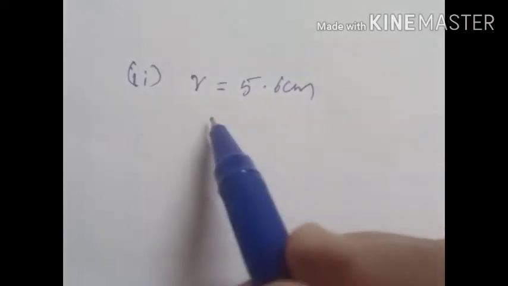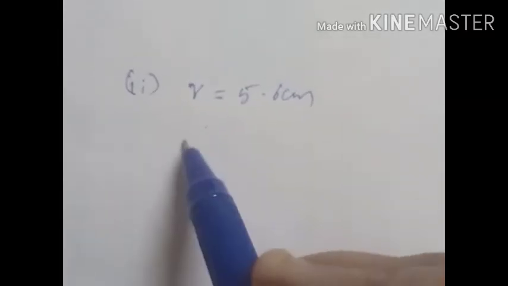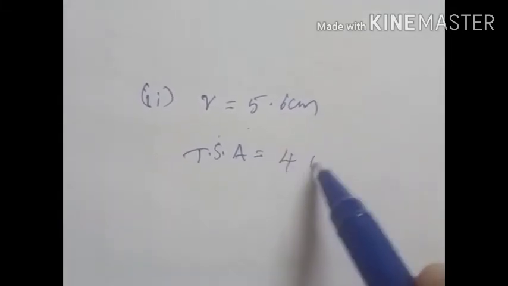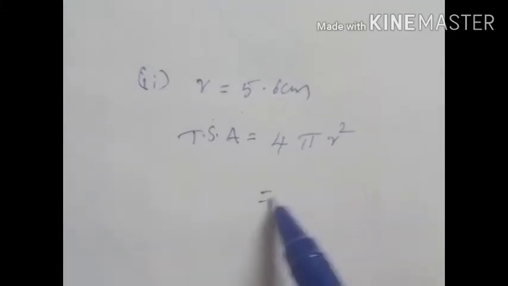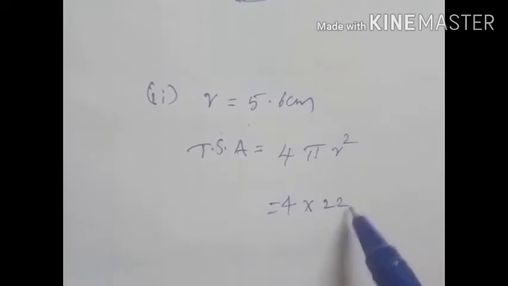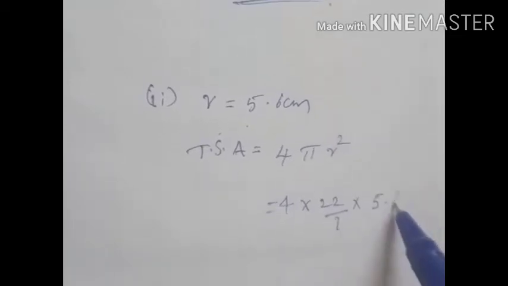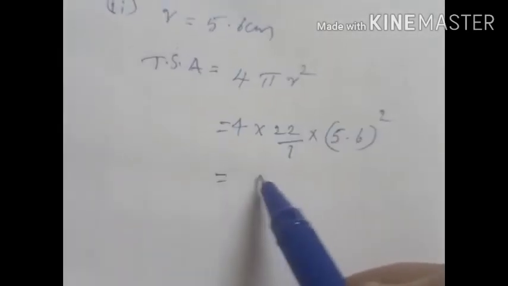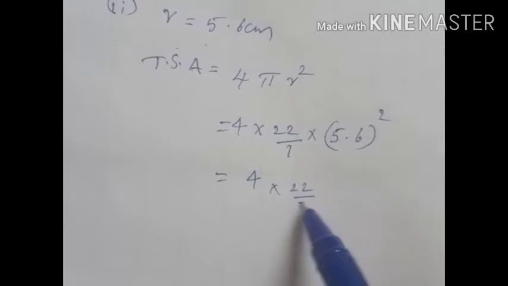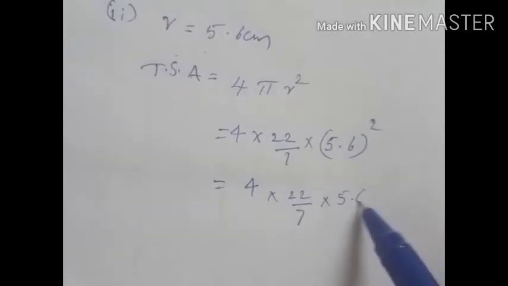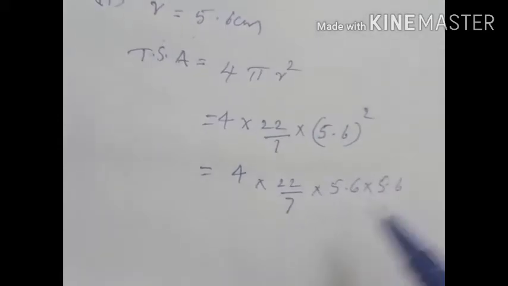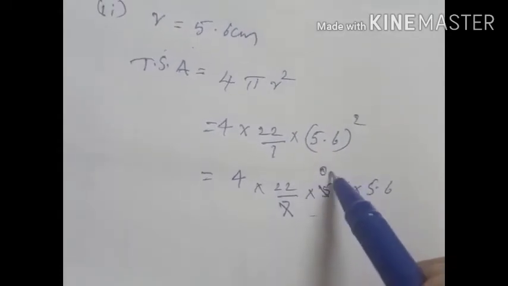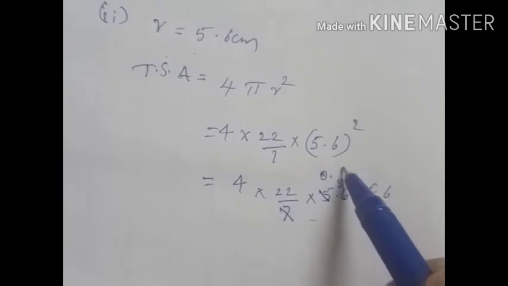Then for the second sub-question, it is given that the radius of the sphere is 5.6 centimeter. So r equals 5.6 centimeter. We write the equation for total surface area of the sphere, that is 4 pi r square. Then substitute the values of pi as 22/7 and r as 5.6. Then 4 into 22/7 into 5.6 into 5.6. Here we can simplify. 7 into 5 is 0 times, then 56 together 8 times.